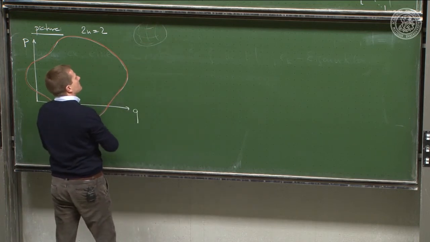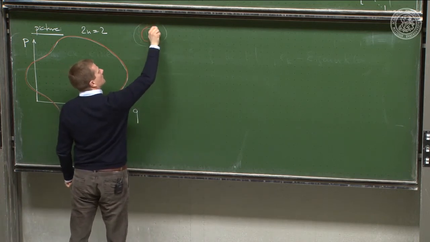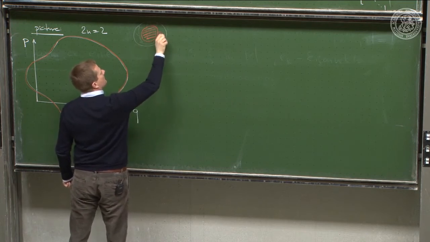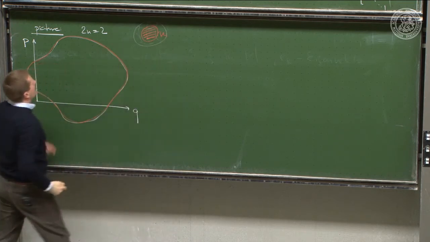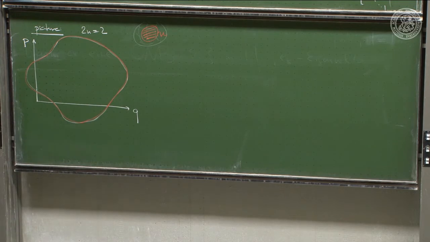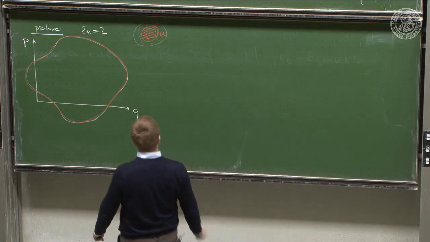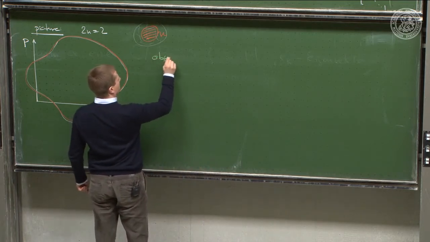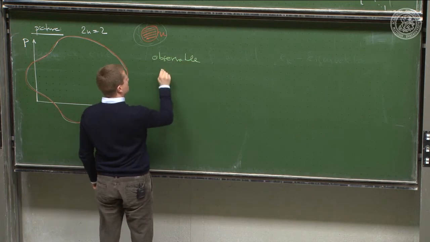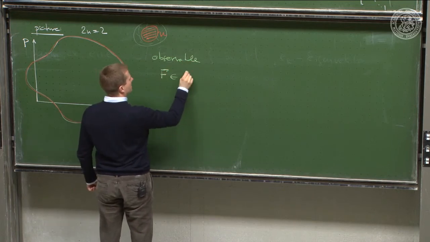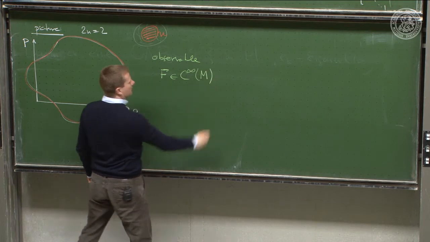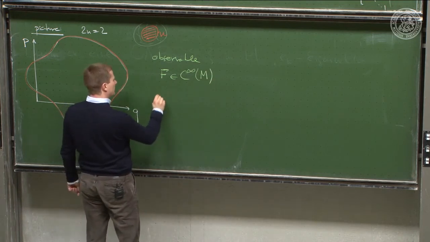Okay, and so this is the bit U, and this is mapped by Darboux coordinates to a part of this R^2n. Okay, so we have this, and now assume we have an observable F. What is an observable? An observable is a smooth function on this manifold. So in particular, I can look at the level sets.